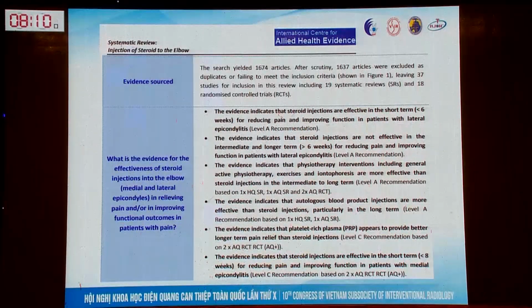I think this is a good article, so you can consider it. It says that for the short-term effect, less than 6 weeks, corticosteroid is the best choice. But for the long-term effect, longer than 6 weeks, prolotherapy or PRP or other blood products are superior to corticosteroid.